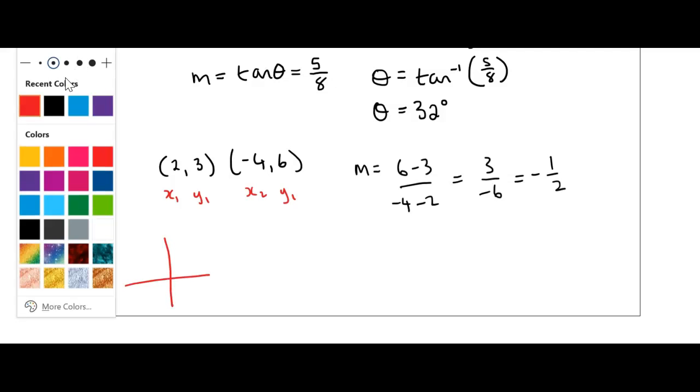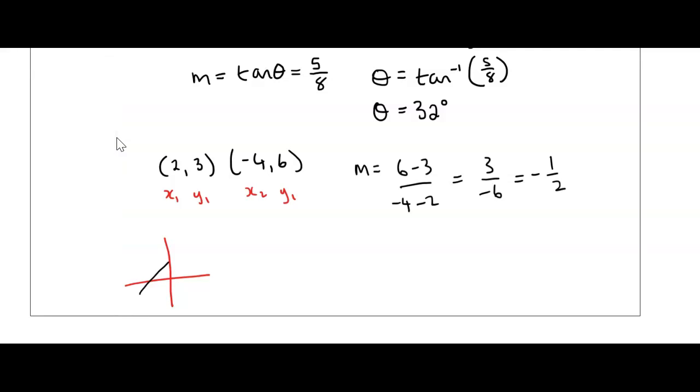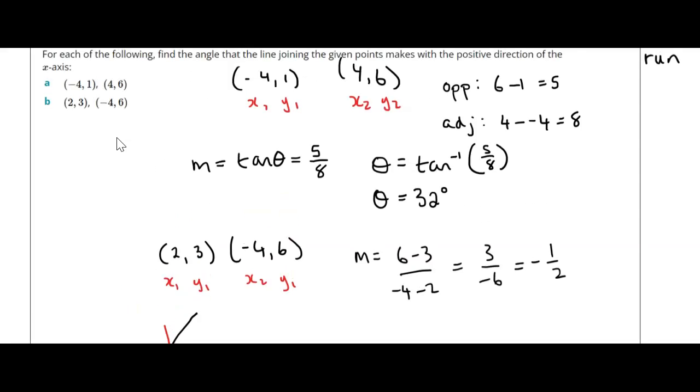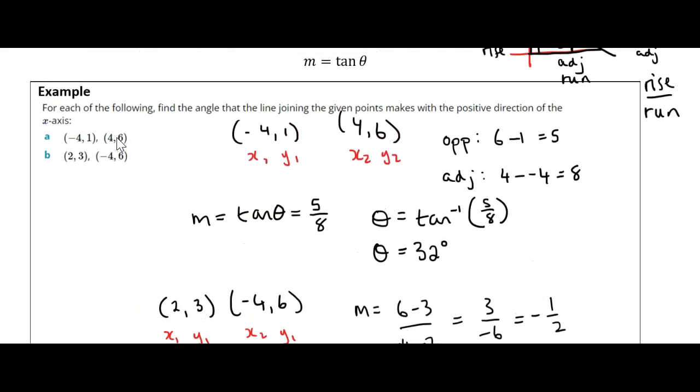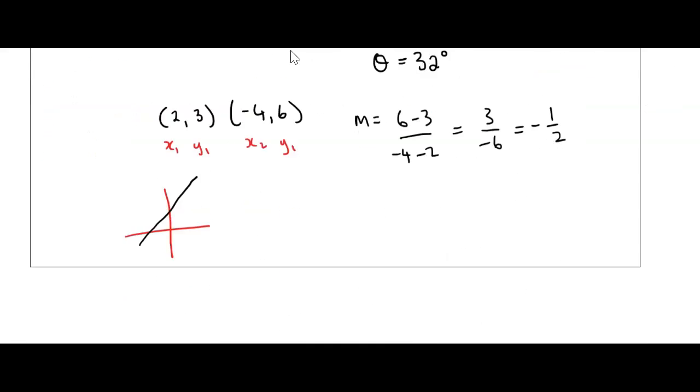So in question A, we had a positive gradient. The question actually asked us to, for each of the following, find the angle that the line joining the given points makes with the positive direction of the x-axis.